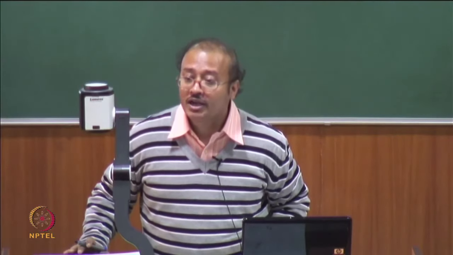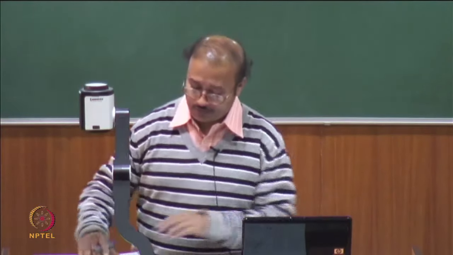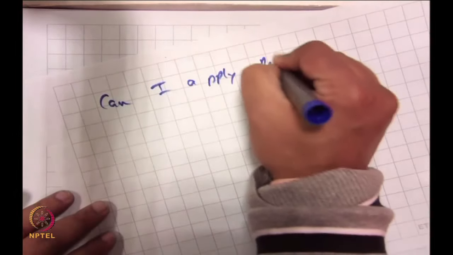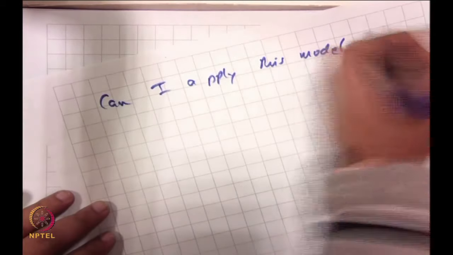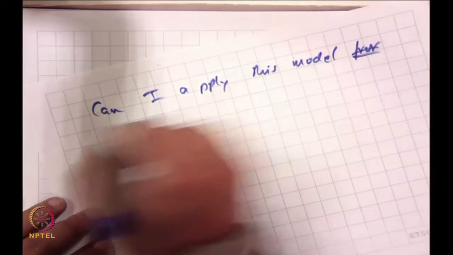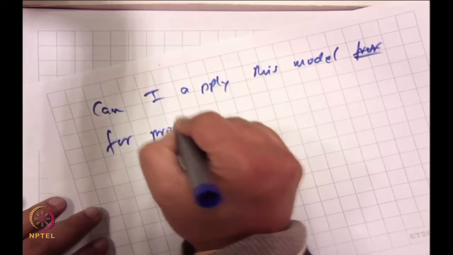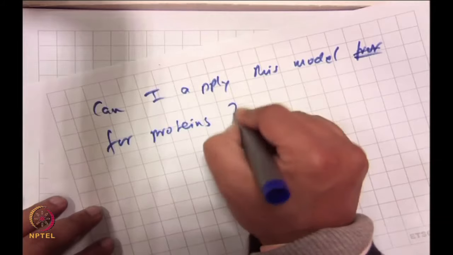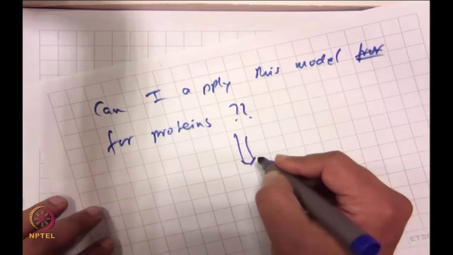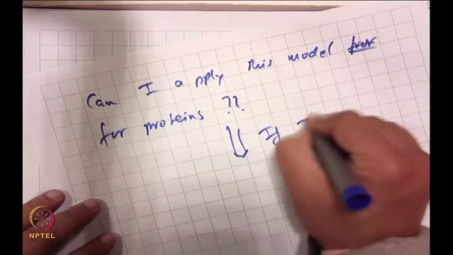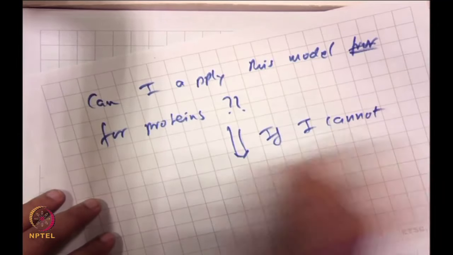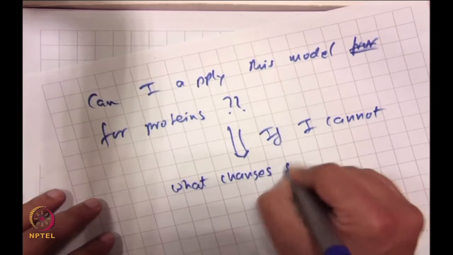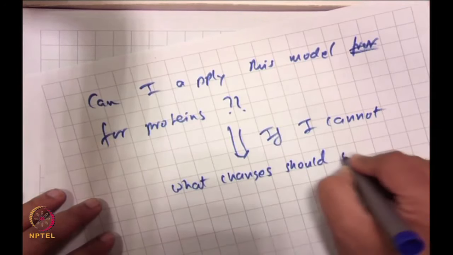Tell me why can I not apply this for proteins? So, the question is, can I apply this model for proteins, and if I cannot, then what changes should we make?